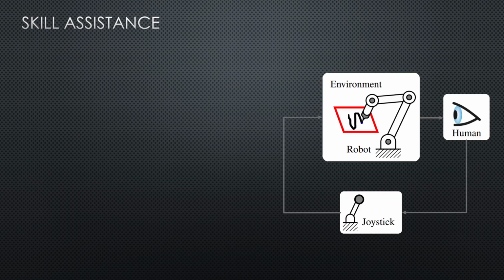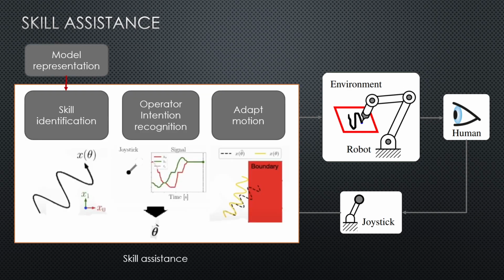Digging deeper into the idea of skill assistance, essentially, to assist the robot, we need to first understand what the task is that needs to be done, and for that, the skill needs to be identified. Before a skill is identified, we need to have a representation of the model, the movement patterns that the robot would follow. From these movement patterns, we would try to identify the skill.